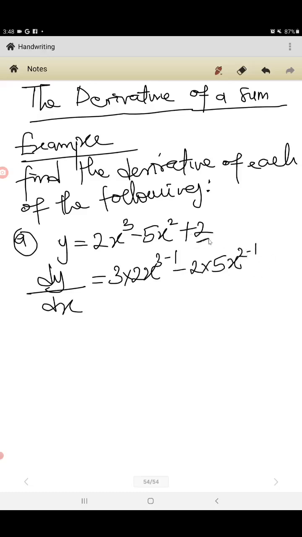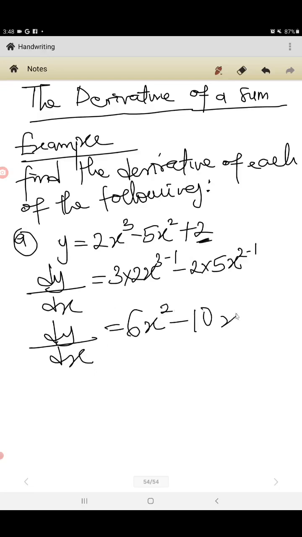The constant here will be 0, since we have explained that the derivative of a constant is always 0. So dy over dx will give you 6x squared minus 10x. That is how we differentiate.